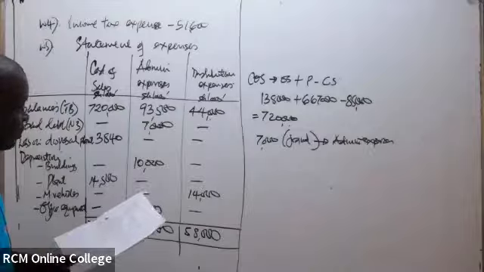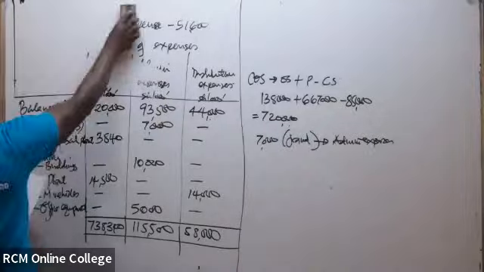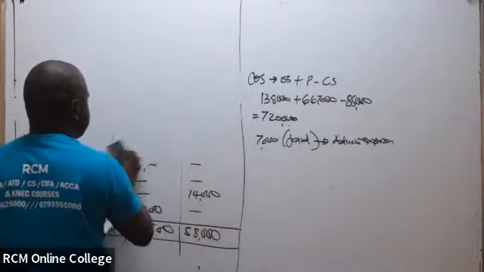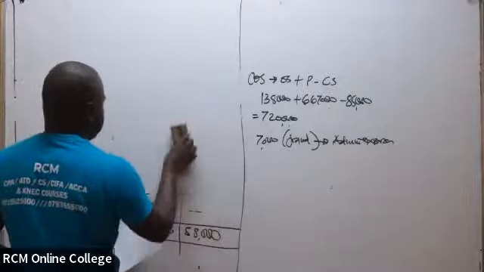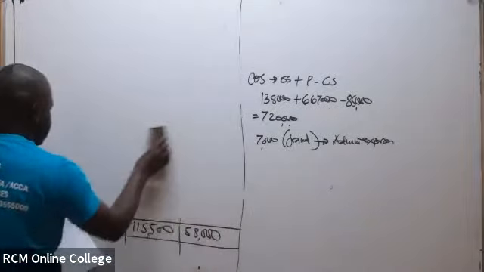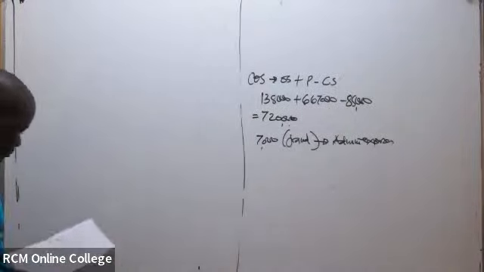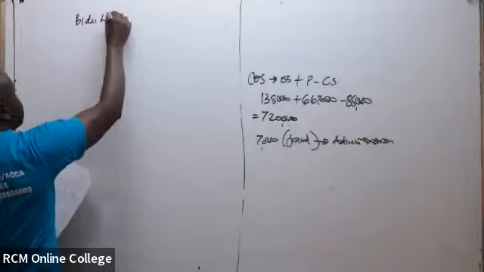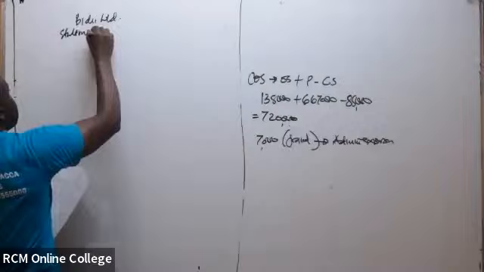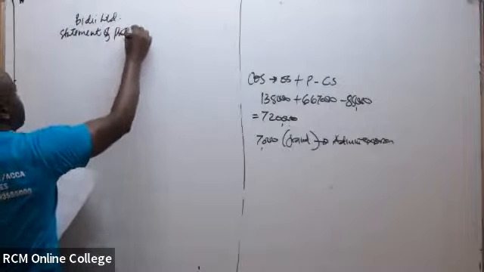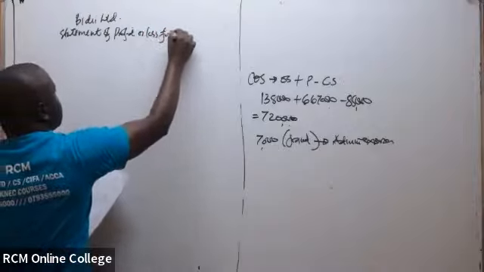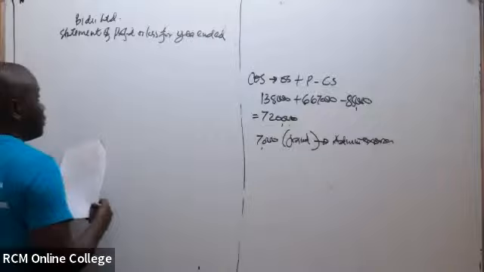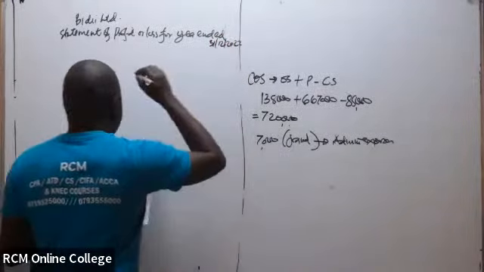So BD Limited, statement of profit or loss, year ended 31st of December 2022.